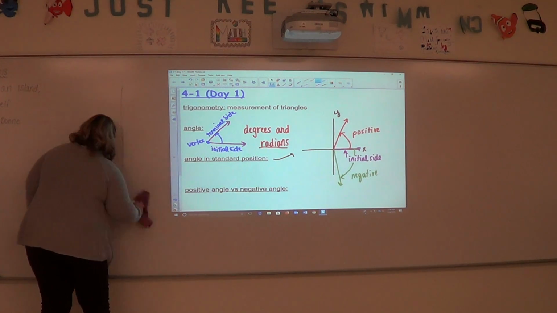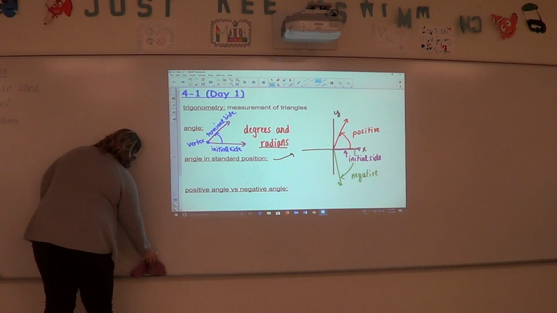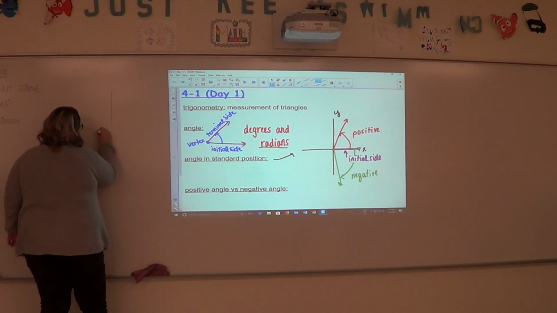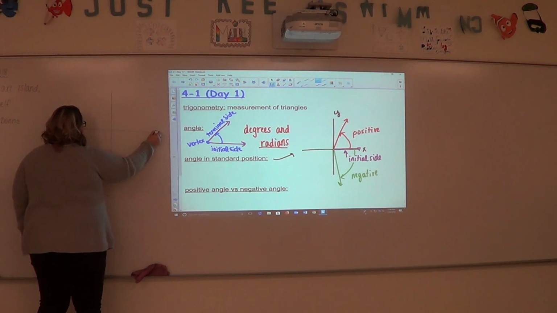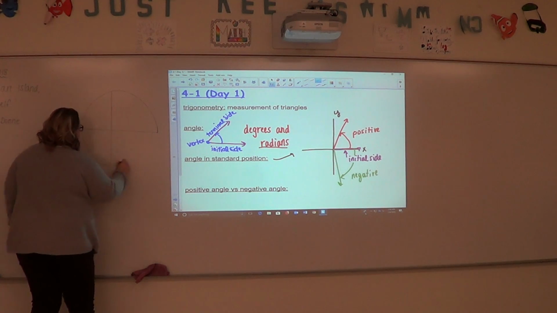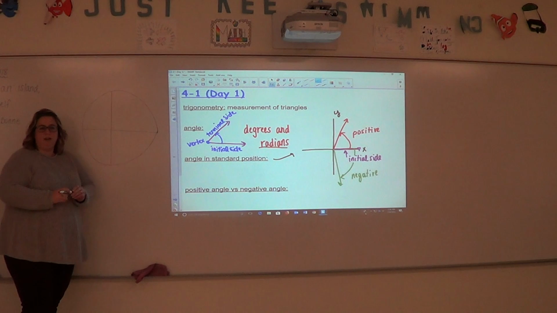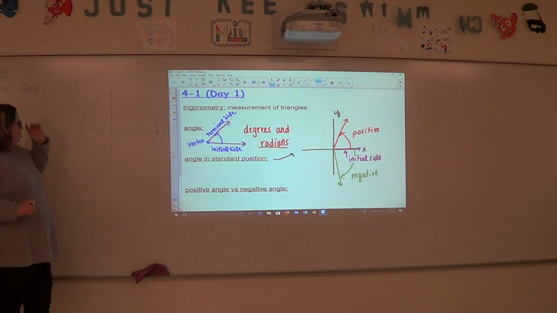Not a very straight line. You see the paper plates that they did last year? Oh yeah. Okay. So that's called a unit circle. This is not a very good drawing.